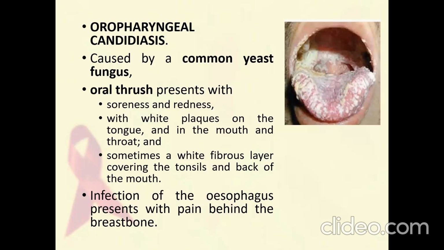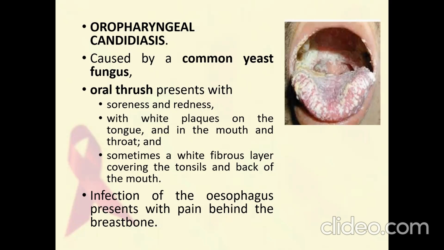It presents with soreness and redness, with white plaques on the tongue and in the mouth and throat. Sometimes a white fibrous layer covers the tonsils and back of the mouth. Infection of the esophagus presents with pain behind the breastbone.